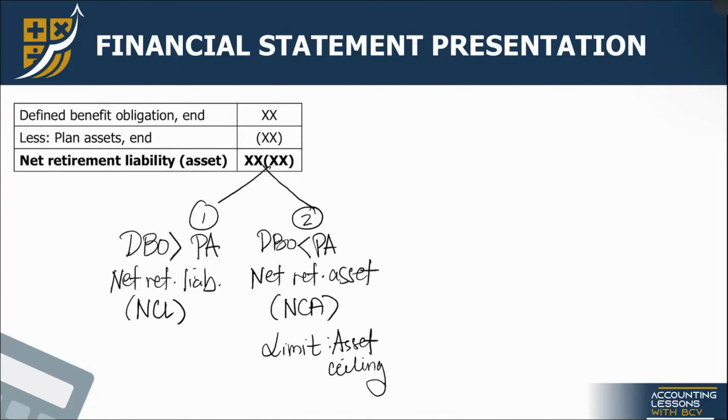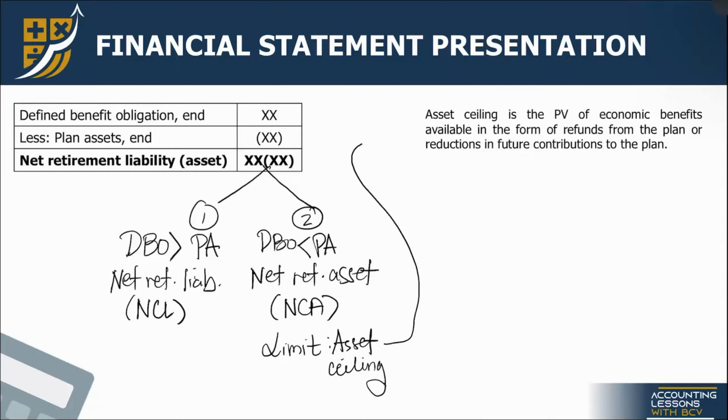Pagdating kay net retirement asset, bago tayo mag-conclude kung magkano ipipresent natin for net retirement asset, you will compare that first to what we call asset ceiling. Okay? Ayan. So ano nga ba itong asset ceiling na to, sir? So define natin siya rito sa taas, no? Asset ceiling is the present value of economic benefits available in the form of refunds from the plan or reductions in future contributions.